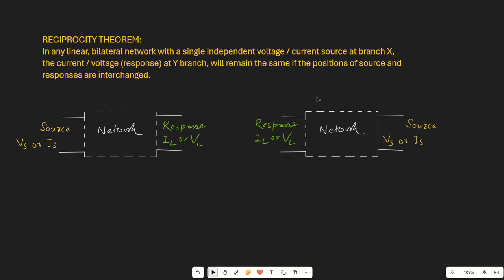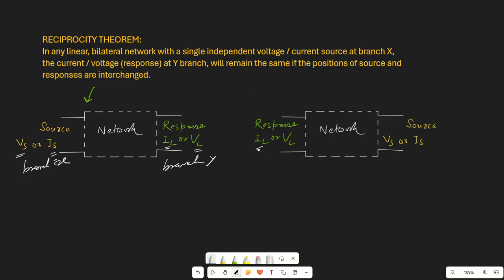responses are interchanged. That means if we consider a circuit, this is suppose your branch X, here we have a source, it can be either voltage source or a current source, and the response at branch Y is IL, that is current obtained or voltage obtained, will remain same if we interchange the source and the response.